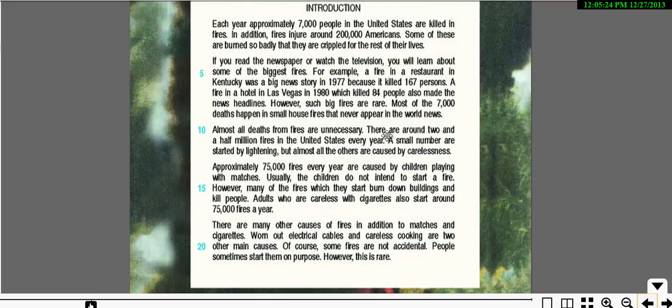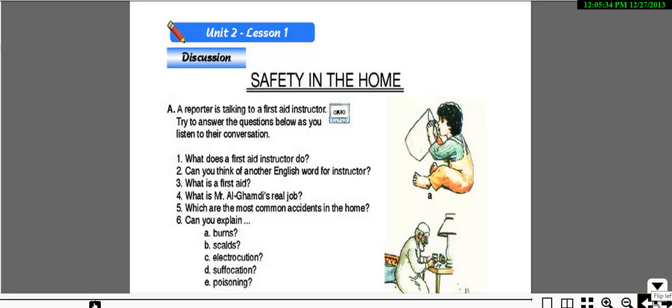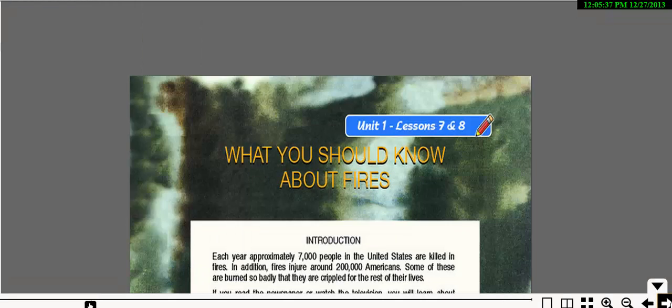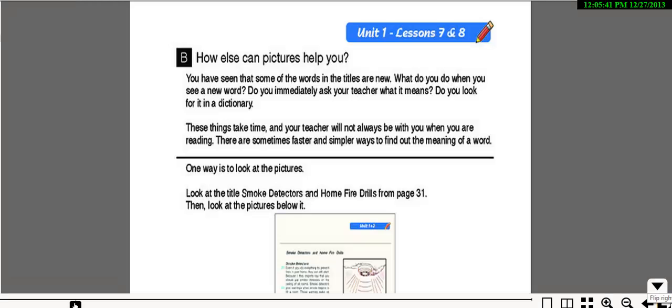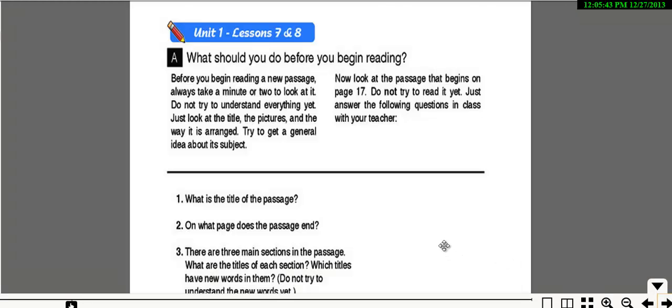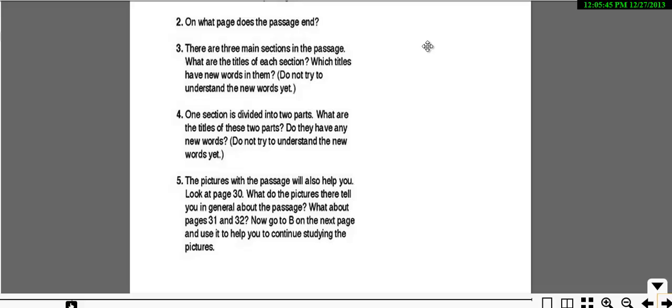So, three main parts of the passage. There's an introduction here, but there's not much continuation about it. I think, Mr. Curriculum Designer, we need some kind of explanation about what's happening here. Anyway, don't just focus on this, just focus on the sections.